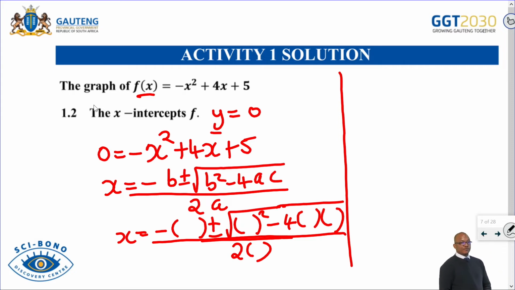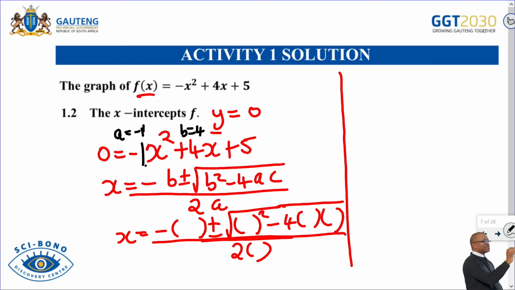So now we have to substitute. Remember, as we substitute, the value of a is going to be -1 because there is a ghost 1 in front of x. So it's -1. That is the value of a. The value of b is +4, and the value of c is +5. Correct?